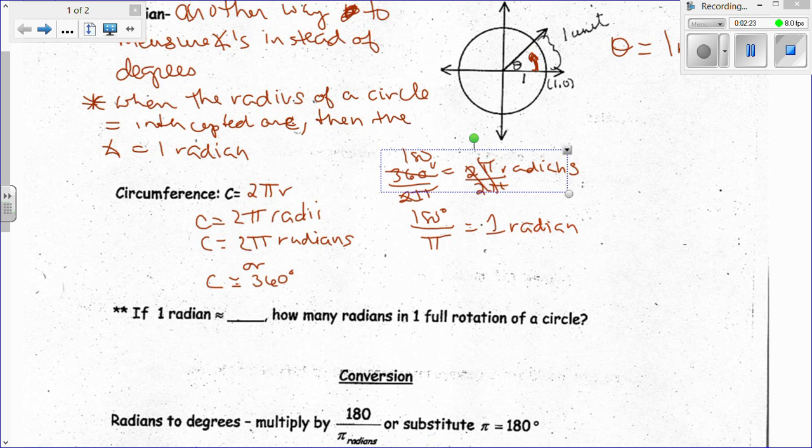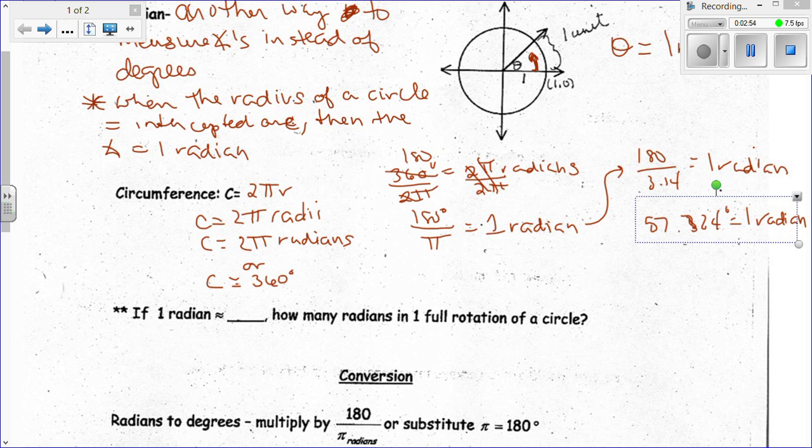That means 180 divided by 3.14, which is my approximation for pi, is equal to 1 radian. If I divide that out using my calculator, I would get 57.32 degrees is equal to 1 radian. So a radian is approximately 57 degrees.